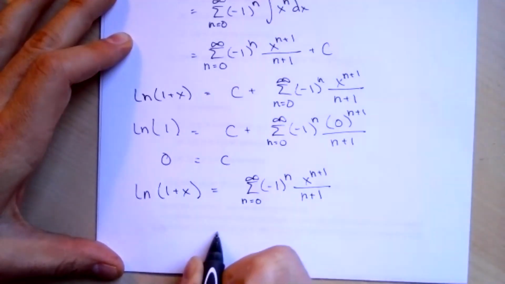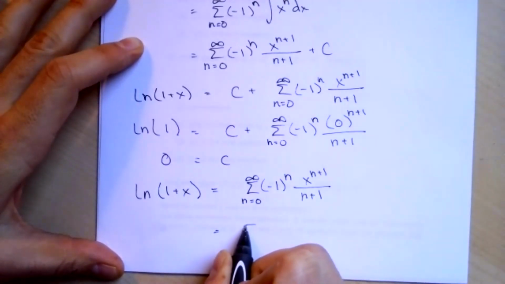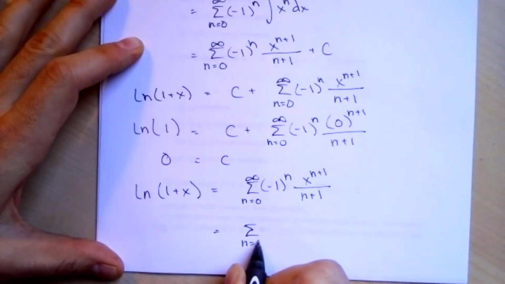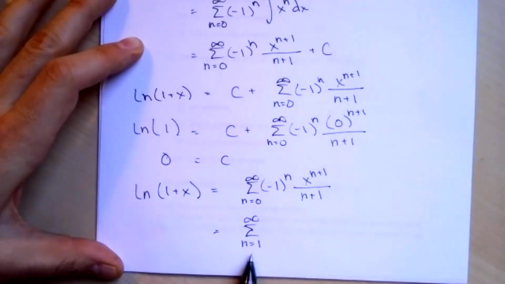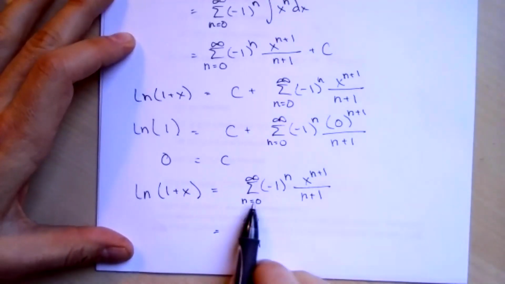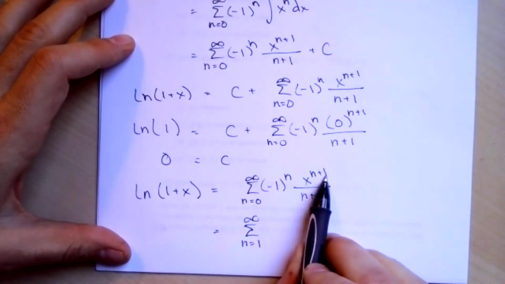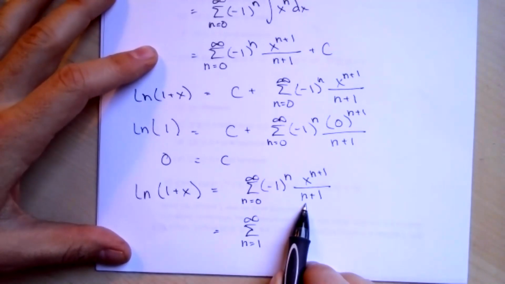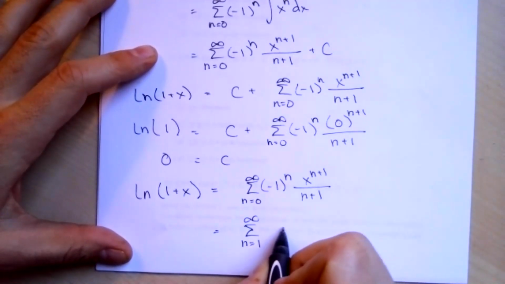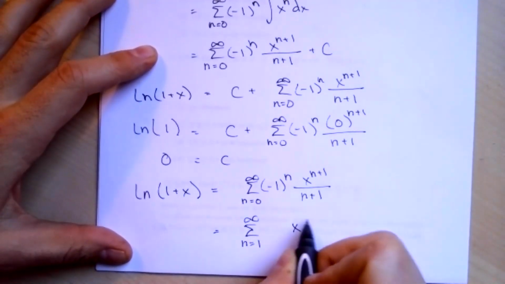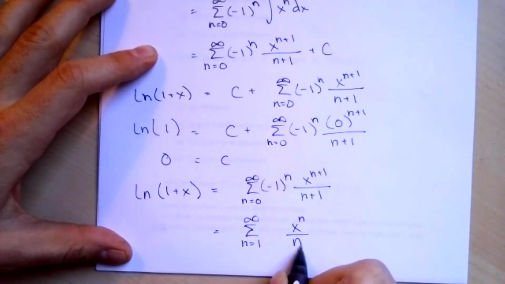It's commonly written re-indexed starting at 1. So if we're starting at 1, well, think when n equals 0, the first term we're going to see is x to the 1 over 1. So all we're really doing is just going to now have x to the n over n. When n starts at 1, we'll have x to the 1 over 1.